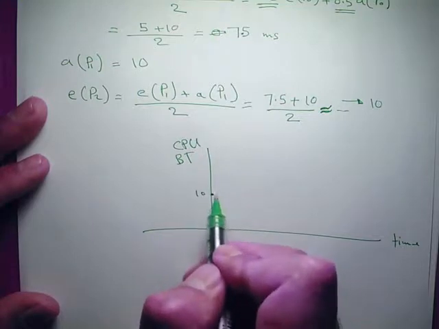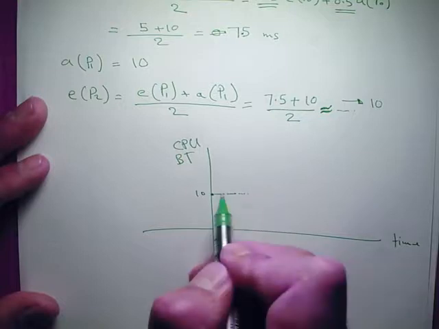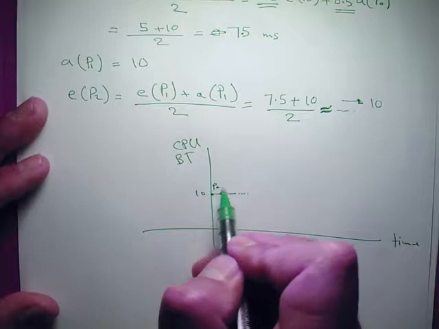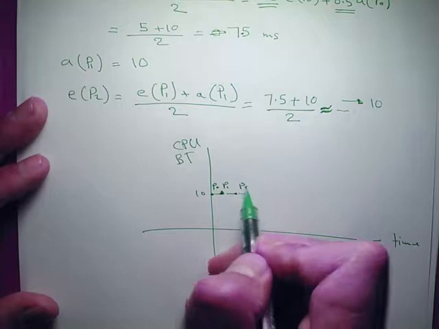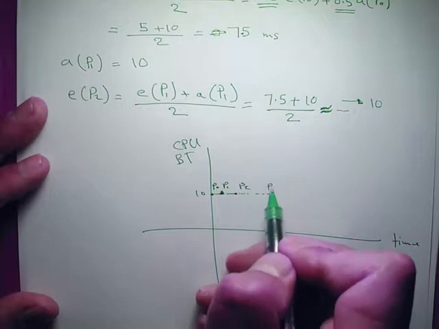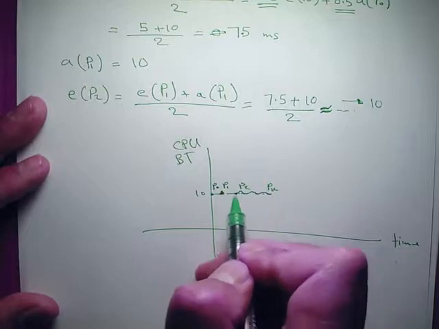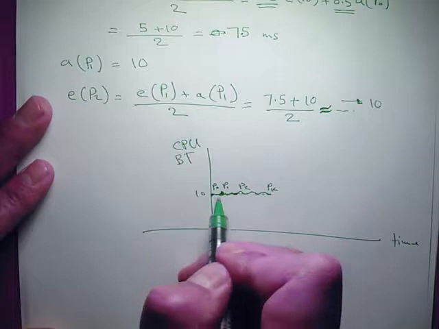These processes stay almost the same with time. Here I have different processes. I might have here P0, P1 executing at this time, here maybe P2, and so on until PK. Most of the time they are around 10. So my guess might only be different here.